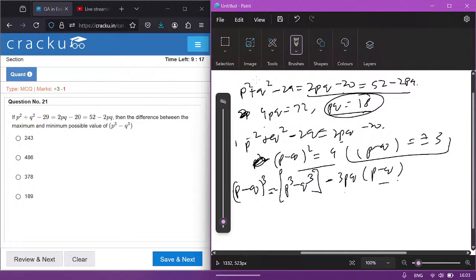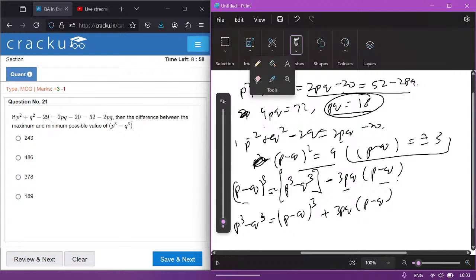We have p minus q, we have pq. So p cube minus q cube will essentially become p minus q whole cube plus 3pq into p minus q. Now we have to find the difference between the maximum and minimum value of this.